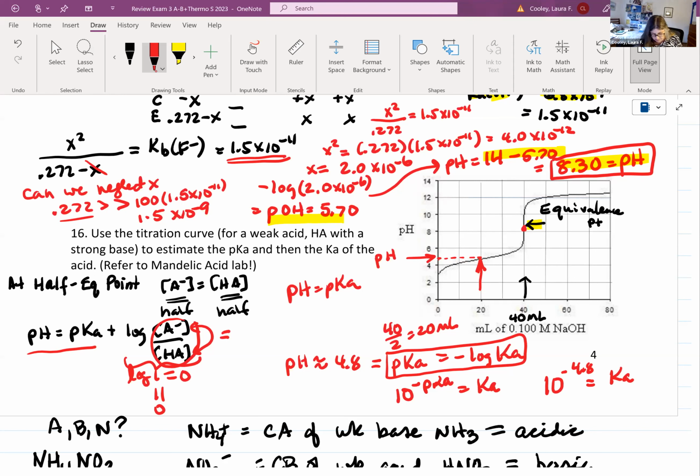You have to make it negative before you do the inverse log. That's 1.5 times 10 to the negative 5th. Really, it should be just 2 times 10 to the negative 5th. It's just 1 sig fig, because you only had 1 sig fig here.